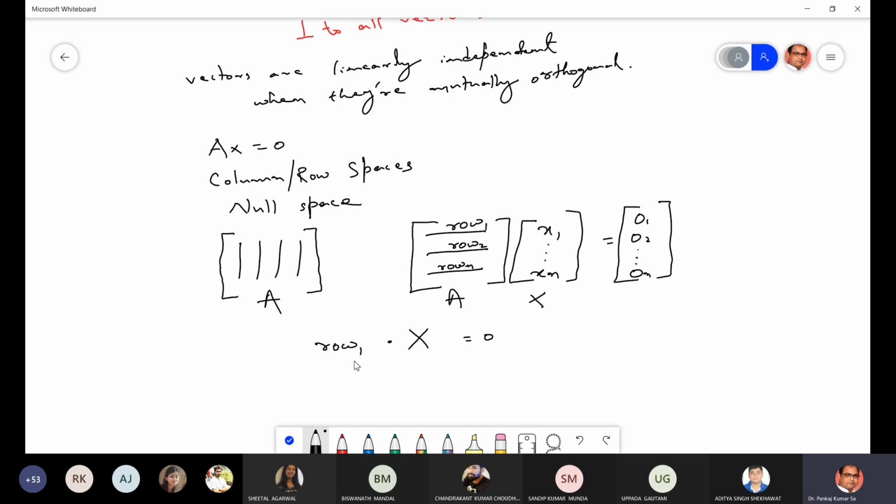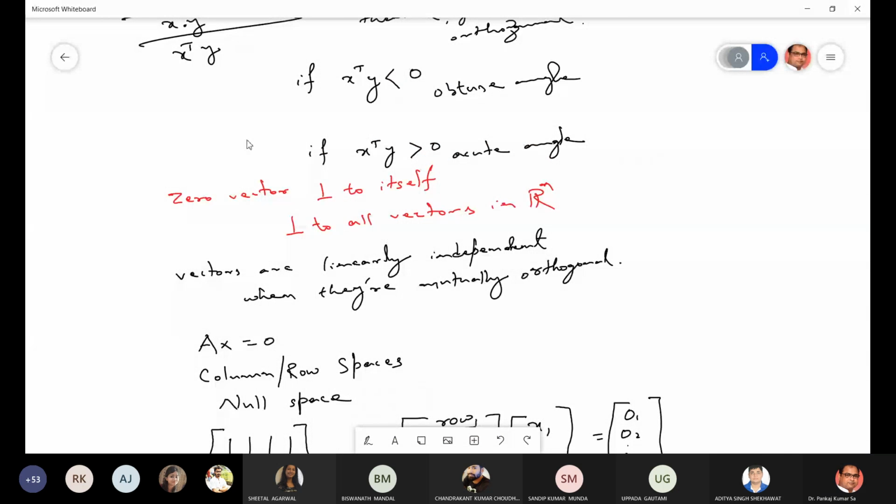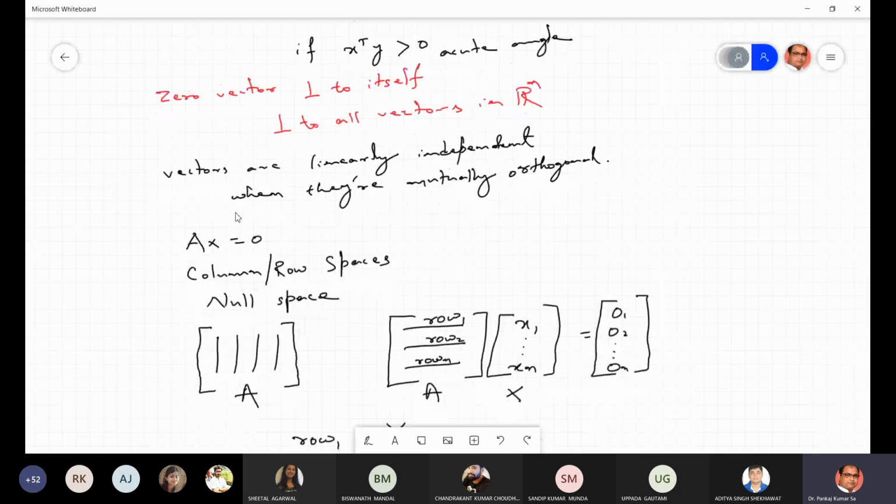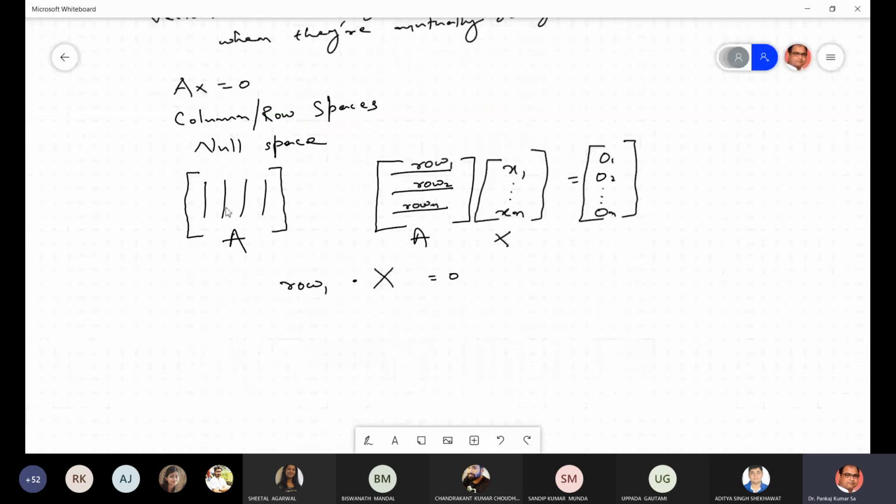So this row 1 vector and x vector are also perpendicular, right? Inner product. So we have one null space.